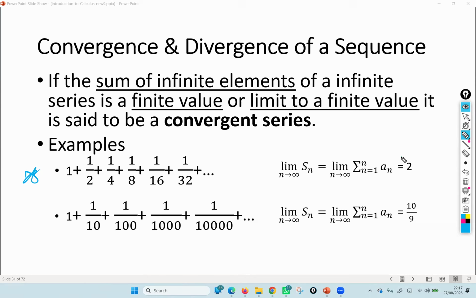The sum is getting closer and closer to 2, but it will never go beyond 2. It's sandwiched to 2. Okay? So if you keep looking at the pattern, you will better understand.